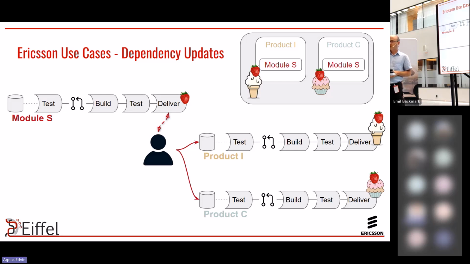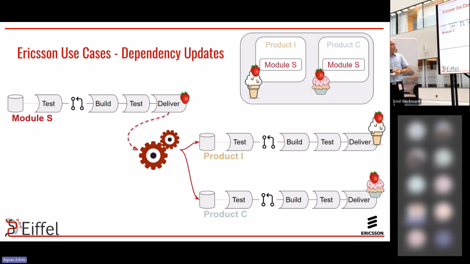What we did here, since we have events that can declare that a new module S version is delivered, we can automate this upgrade, or we call it uplift of them.